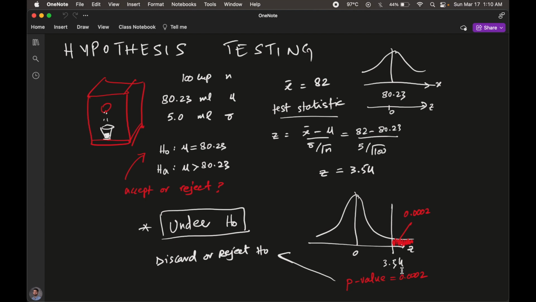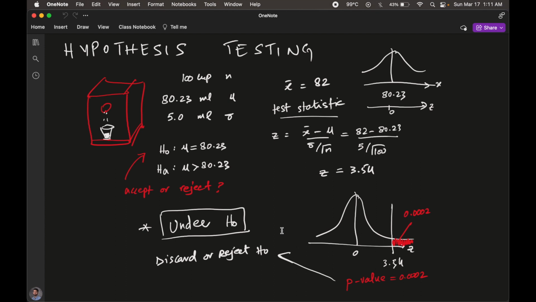And this told us that this is not a coincidence. The probability is so small for it to be a coincidence that you got 82. There's something wrong with the machine, and therefore you must reject the null hypothesis, the base case that it gives out 80 milliliters. So that is the essence of hypothesis testing.